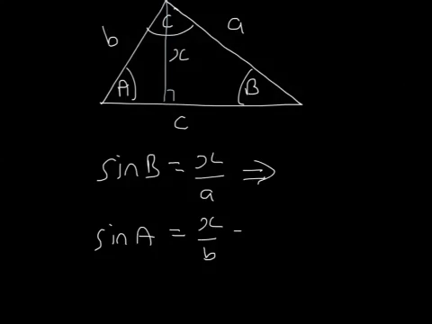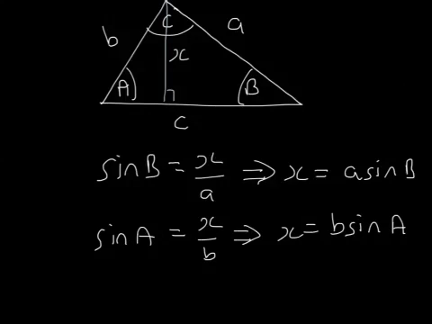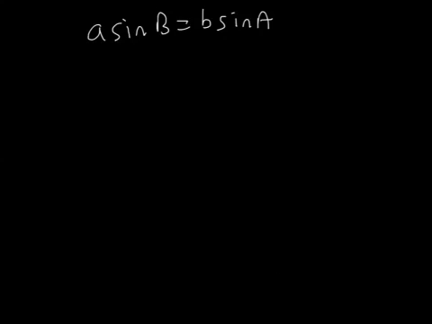Let's rearrange both those equations, and x equals a sine B, and x also equals b sine A. Now x is the same, so it's the same there as it is there, so therefore that means that a sine B equals b sine A. This is normally rearranged. Let's divide both sides by sine A, and let's divide both sides by sine B, and we get that.